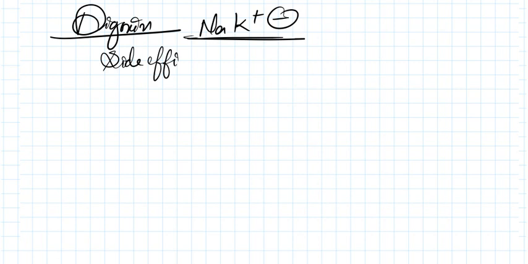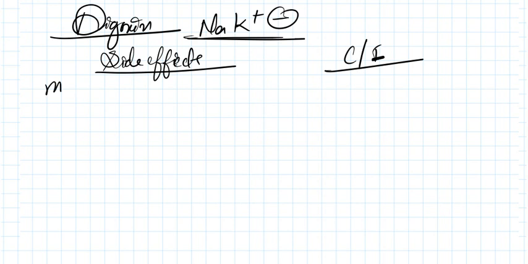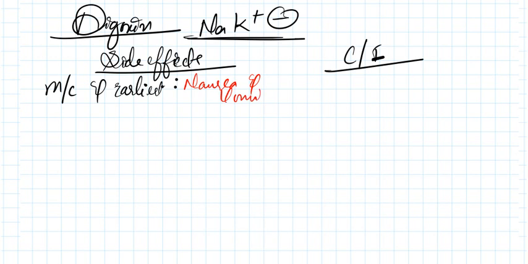First we will discuss the complications that digoxin causes and the contraindications where digoxin is not advisable. What is the most common and earliest side effect? It is simple nausea and vomiting. Nausea and vomiting is the most common and earliest side effect of digoxin.